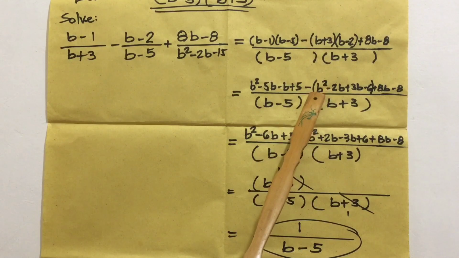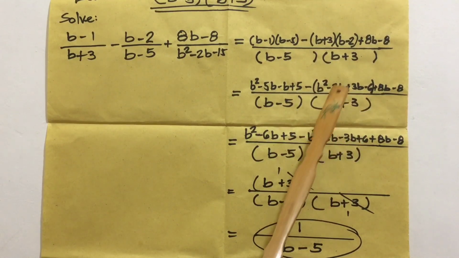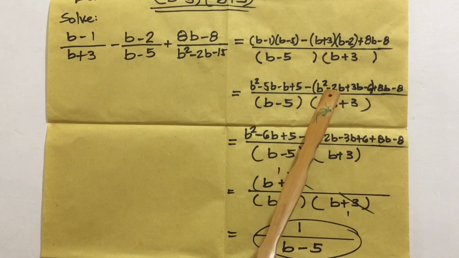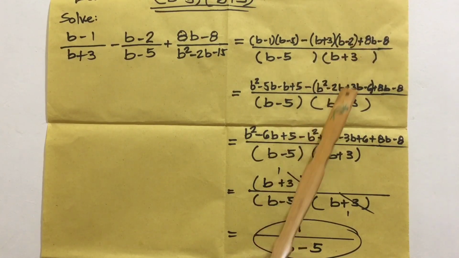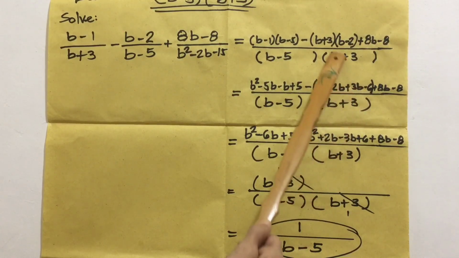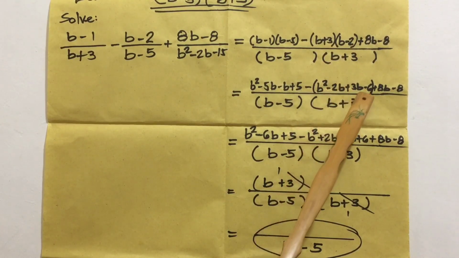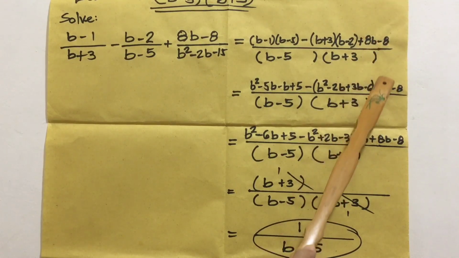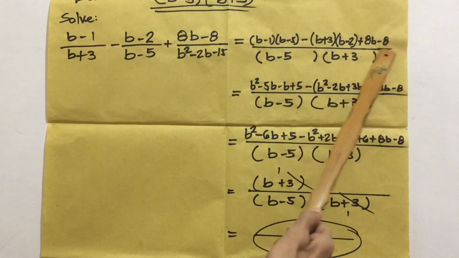We have to copy first this negative, then parentheses, and we have to multiply this one. B times b equals b squared, then b times negative 2, negative 2b, then 3 times b equals positive 3b, then 3 times negative 2, negative 6, then copy this one, 8b positive, then negative 8.